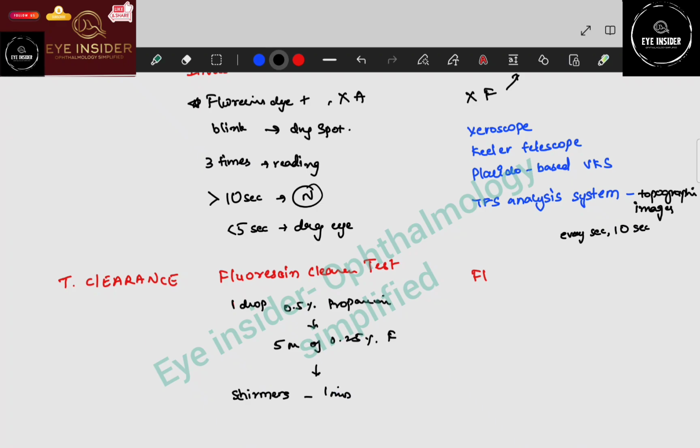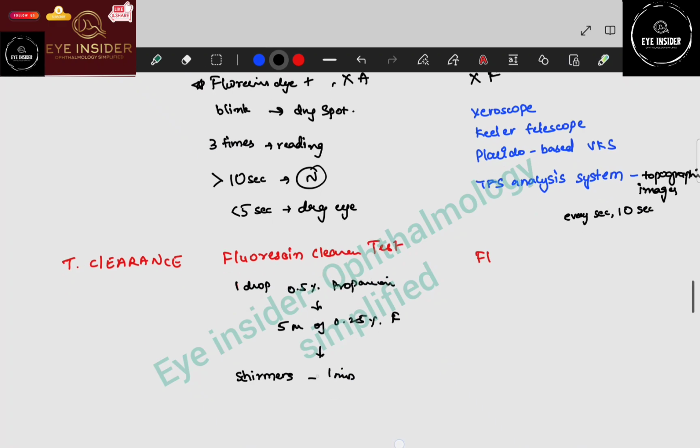Then we perform Schirmer's for 1 minute. After 10 minutes, 20 minutes and 30 minutes, we see if the fluorescein is present or not. Normally after 20 minutes there will not be any dye.